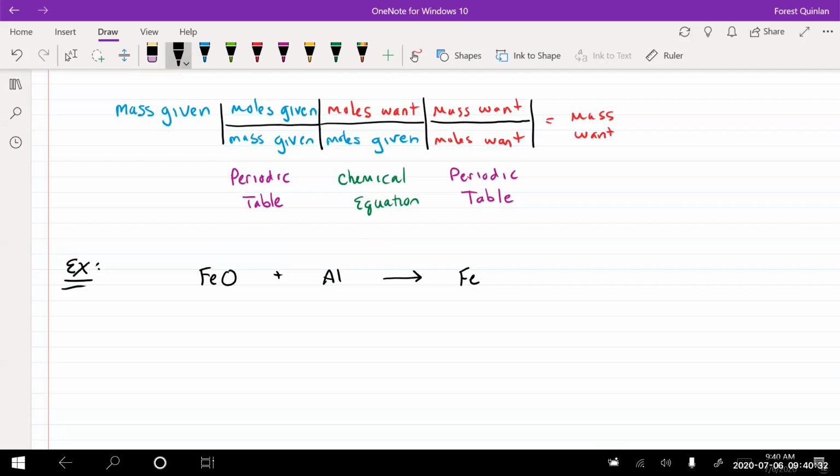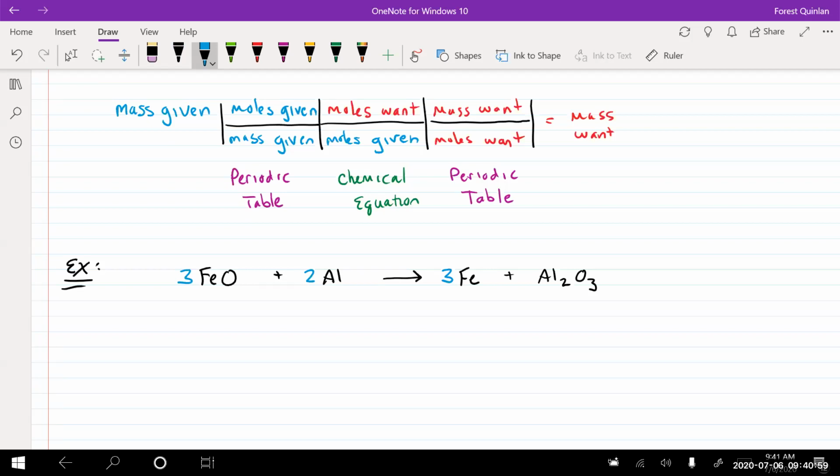If you do this, this looks an awful lot like a single replacement. And I'll skip to the end on it for you and just tell you that the coefficients are 3, 2, 3, and 1. This is actually a way that you can take a rusted-like material, whether it's iron 2 or iron 3.